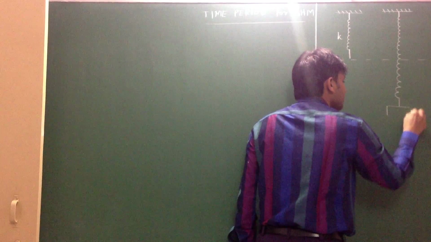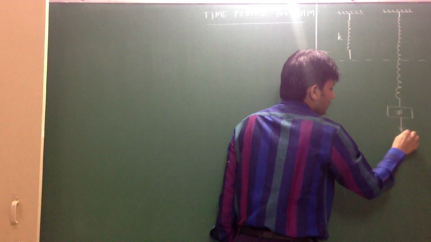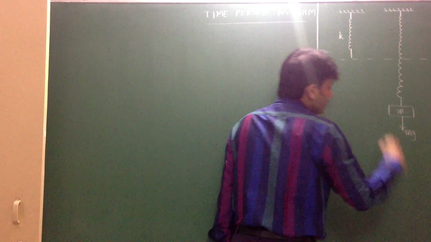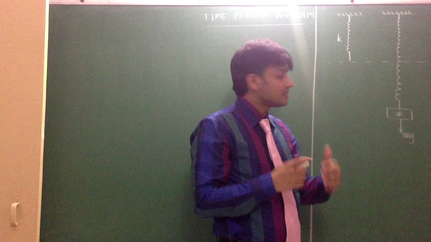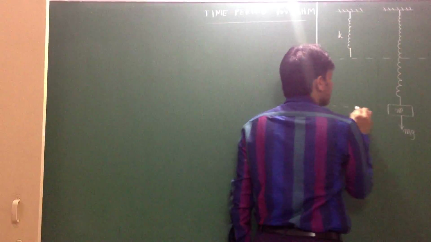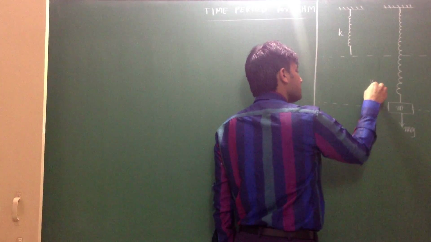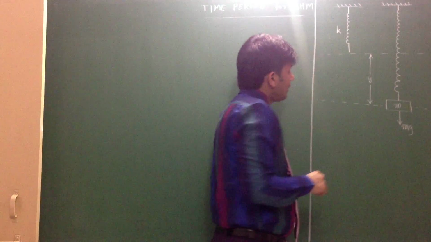Due to the weight force of this mass m, there will be an increase in the length of the spring. The length of the spring is increased by this much. Let the increase in the length of spring be y.